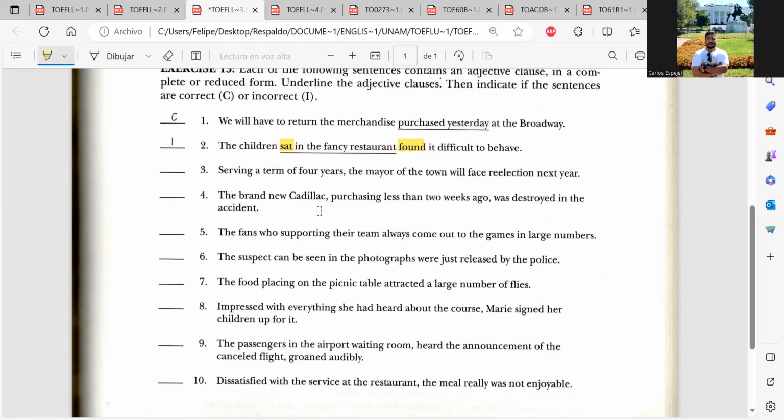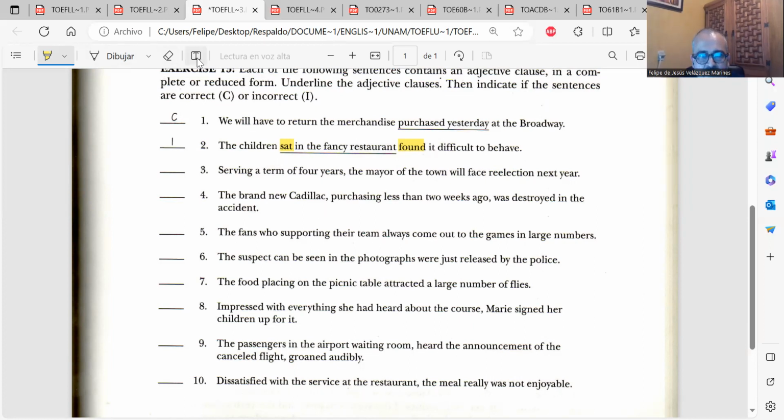So you have to change the verb to past participle form. We eliminate which, we eliminate the auxiliary, we just leave the verb in ing or in past participle. If it is active voice, the subject does the action, so it is ing, but the car cannot purchase anything. So it's passive voice. Yeah, gotcha.